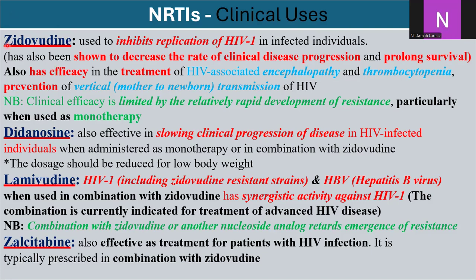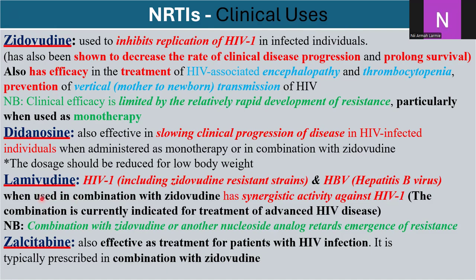It's a very effective agent in our HIV management, but we should note that the virus can rapidly develop resistance to it and it should never be used as a monotherapy. When we use it as a monotherapy, we encourage the virus to develop resistance to it. So it should not be used particularly as a monotherapy agent.